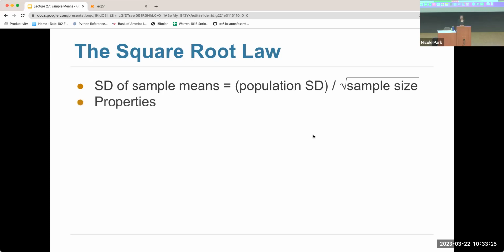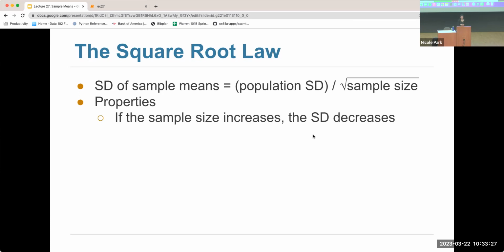Some properties of the square root law. If the sample size increases, the standard deviation decreases. As we saw in the histogram distributions, when I had a wider distribution, that was size 400, and when I had a more narrow distribution, that was size 900. So you can see visually that when you increase the sample size, the distribution of the sample averages becomes more narrow.